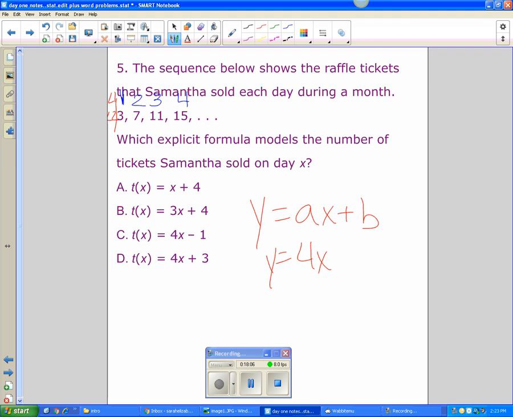Chad, what's the calculator give you for the B? So I put -1. Ethan H, that's your warning. All right, Zaria, is that A, B, C, or D? Good, C.